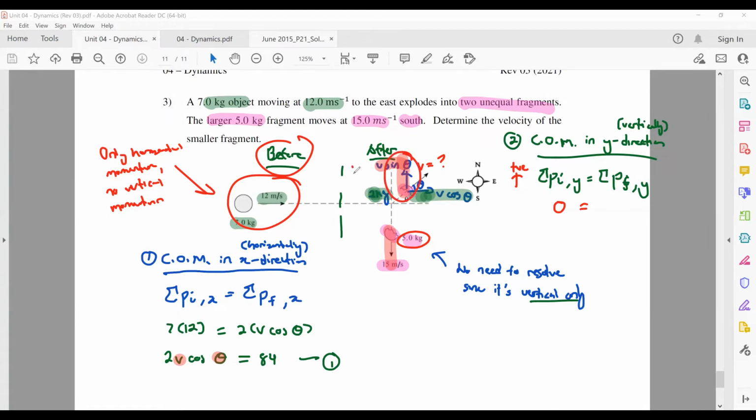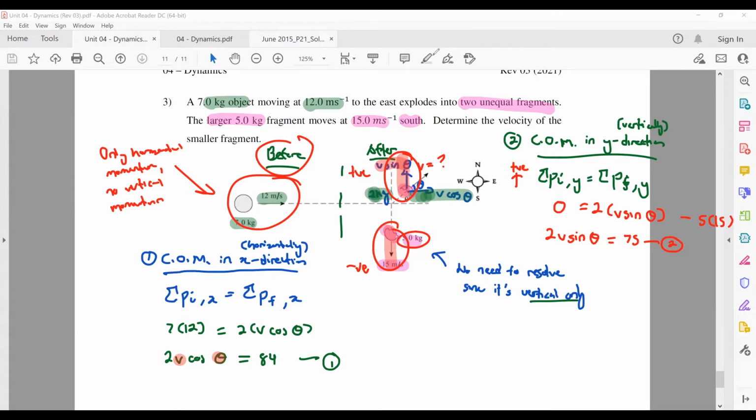So this one will be positive, and this one will be negative. My momentum here is 2 times v sine theta minus 5 times 15. So I end up with 2v sine theta equals 5 times 15, giving me 75. So this is equation number 2.